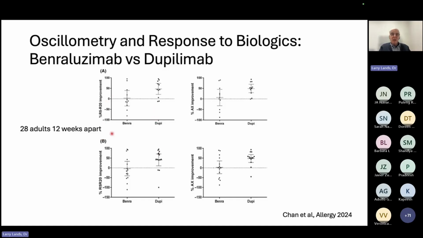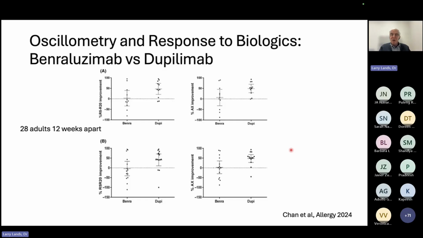And this is their Y scale, the percent improvement. Okay, so 0 means you didn't improve, and you can see that the benralizumab group really didn't change over the 3 months, but in the dupilumab group, you got an improvement in their R5 to R20, their area under reactance curve, suggesting that this could actually be helpful again in trying to decide, are my patients responding to a biologic?